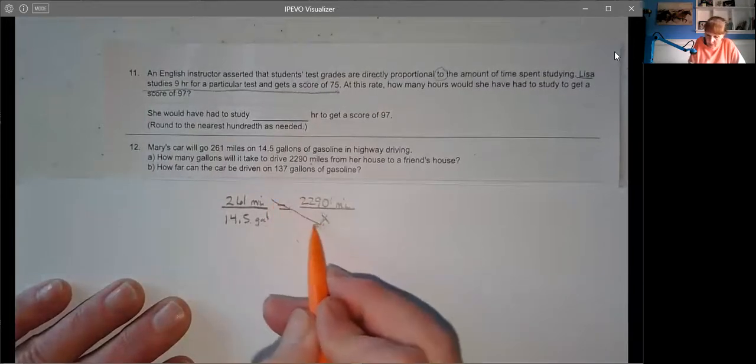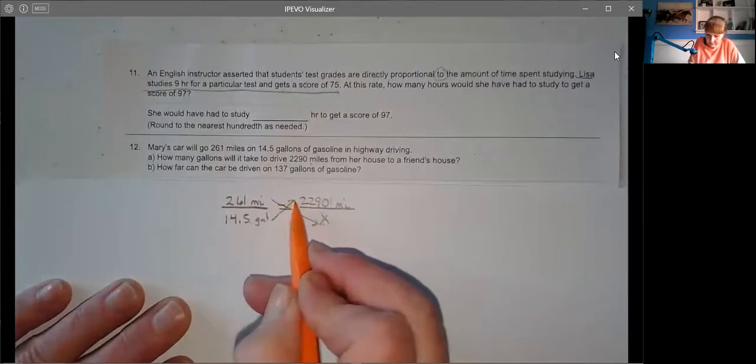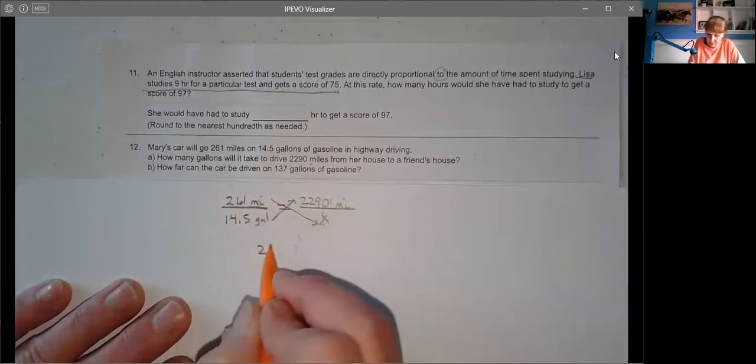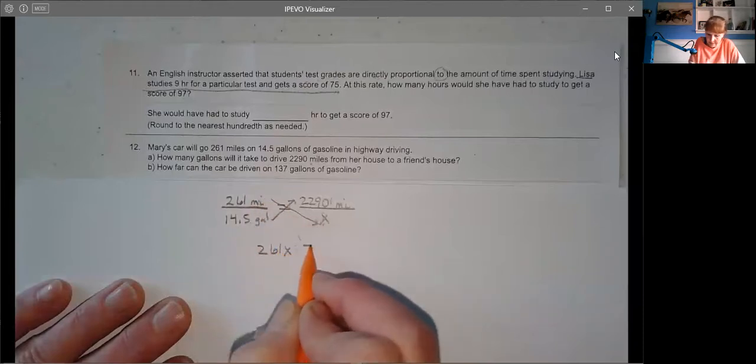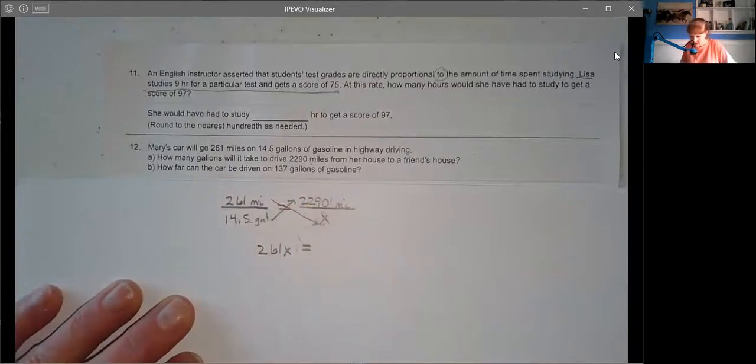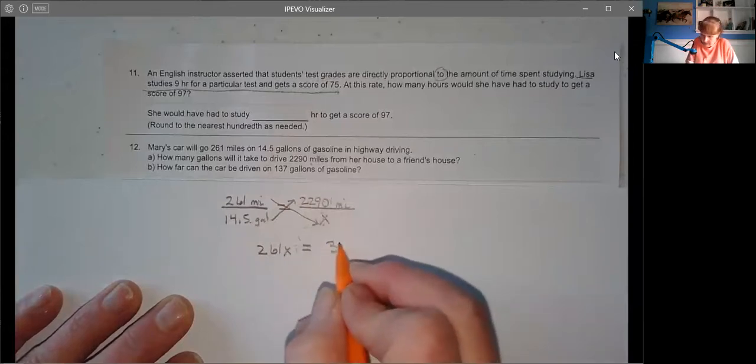So now we cross multiply. I'm going to take the X one first. 261X. Then I'll multiply these together. 2,290 times 14.5. 33,205.